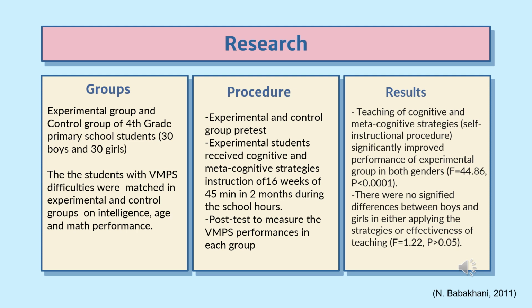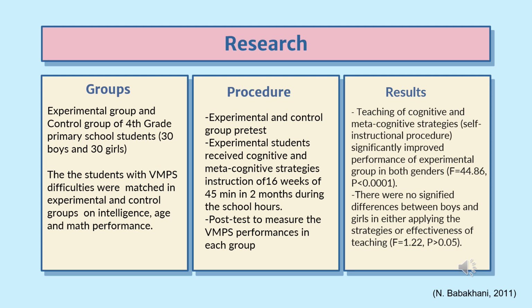The students were divided into groups: the experimental group, 15 boys and 15 girls, and the control group, 15 boys and 15 girls. All subjects were matched in experimental and control groups on intelligence, having an IQ range between 95 to 115, average age 9 years and 6 months to 10 years and 6 months, and average math performance.